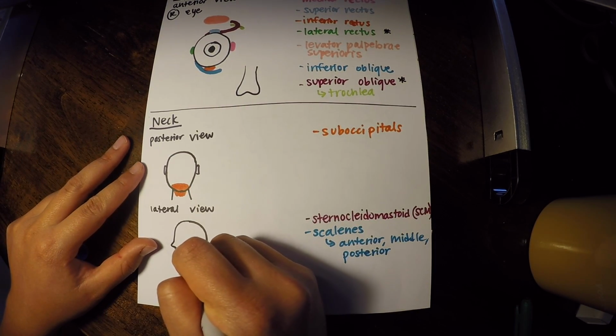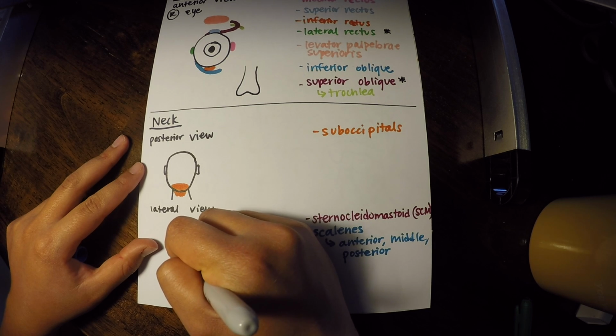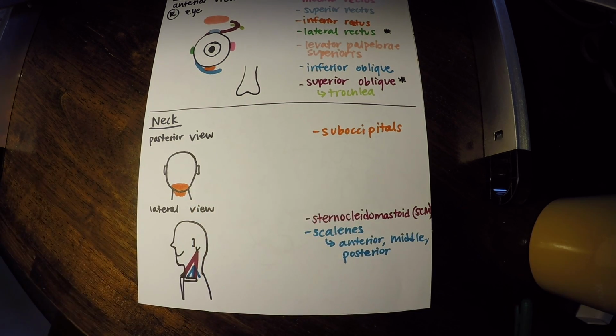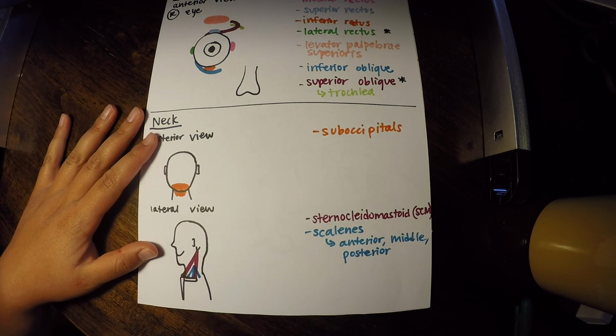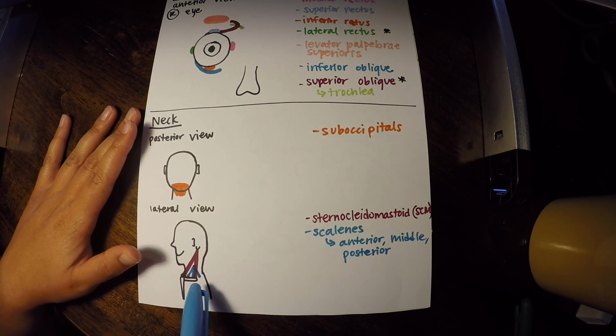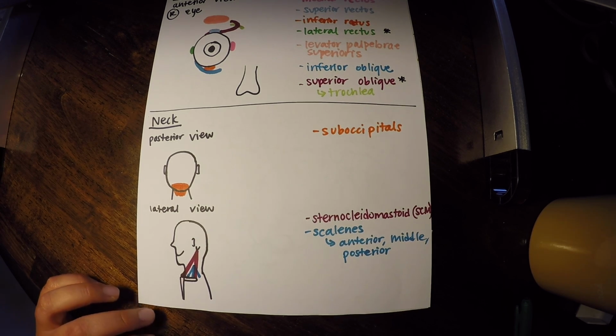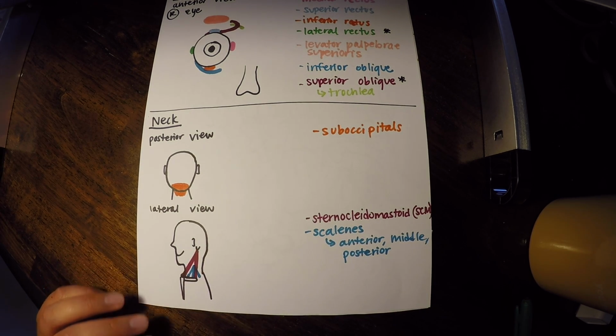So I'm going to draw our anterior, middle, and posterior scalene. Okay, so these scalene muscles are deep to the sternocleidomastoid, meaning they sit deeper into the body. Just in case you're curious about the overlap that you see right there.